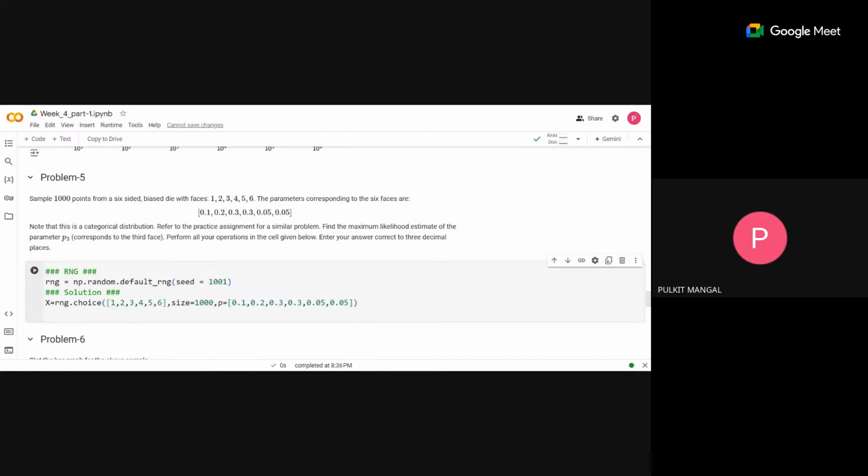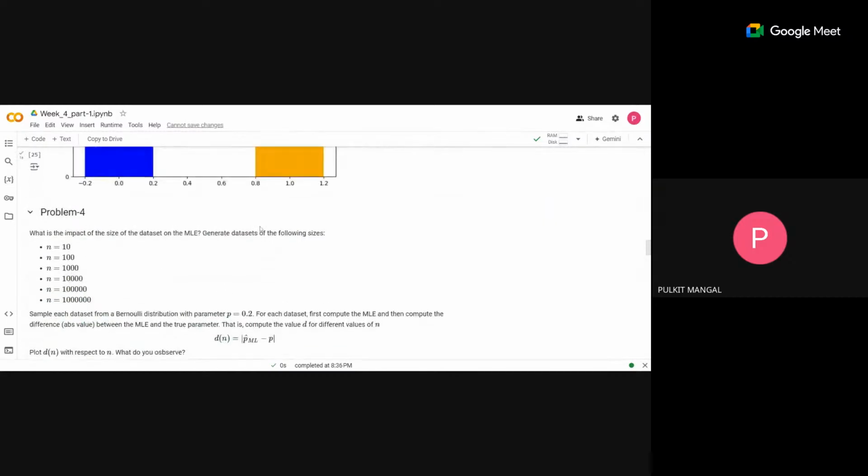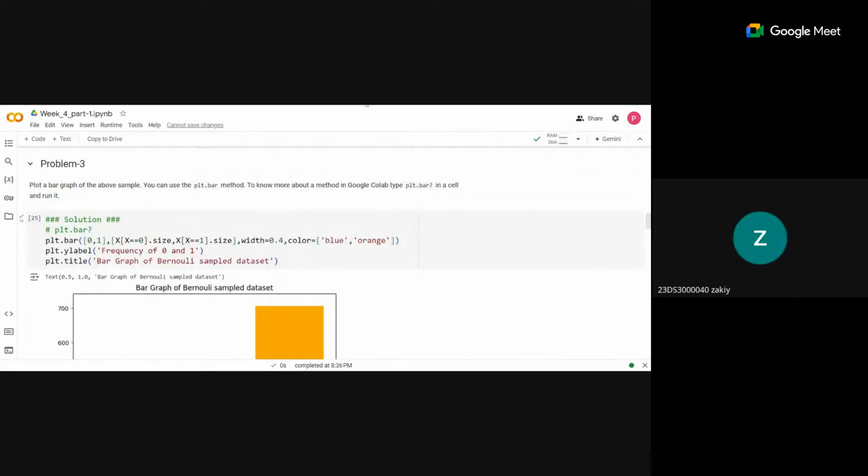Okay, let's go back if you don't remember. We could iterate over the array, but we are using NumPy, so there is this functionality. This is the thing I used here to calculate the number of 0s and 1s.